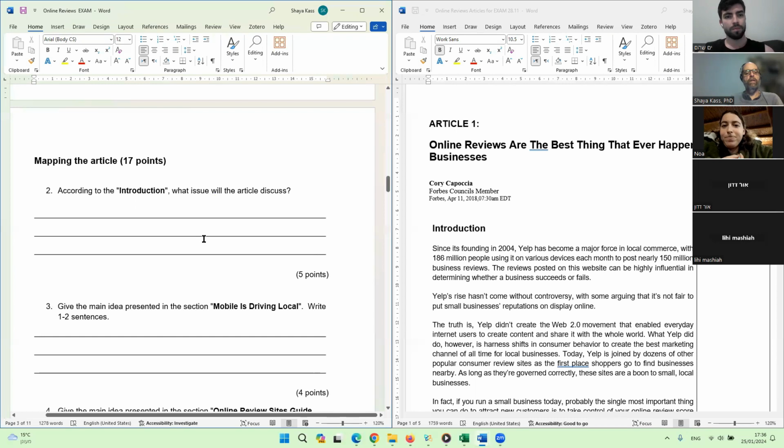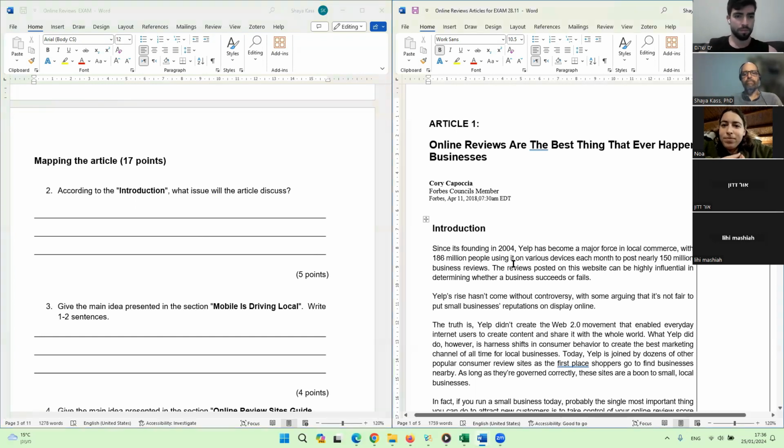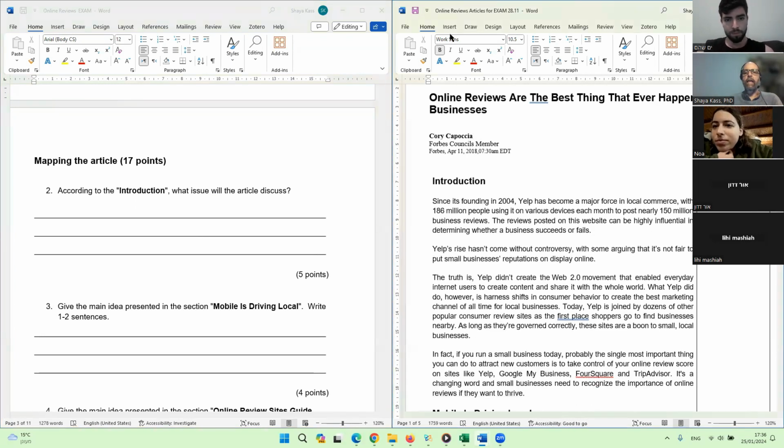According to the introduction, what issue will the article discuss? And here we're told, since its founding in 2004, Yelp has become a major force in local commerce. Okay, and it proves that to me. I'm going to skip that part. Yelp's rise hasn't come without controversy, with some arguing it's not fair to put small business reputations on display online.